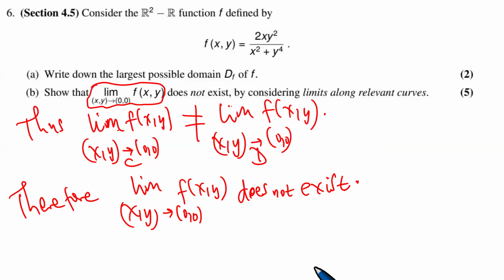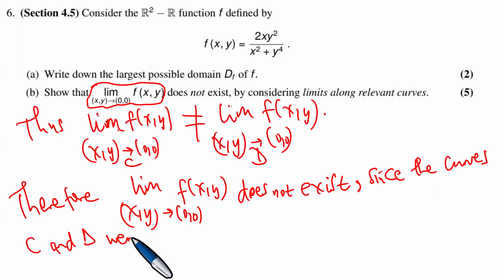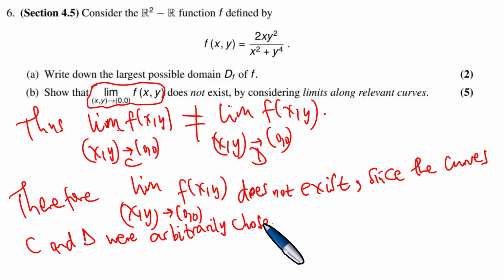We continue. So this limit does not exist, and we can just bring some justification, since the curves C and D were arbitrarily chosen curves.